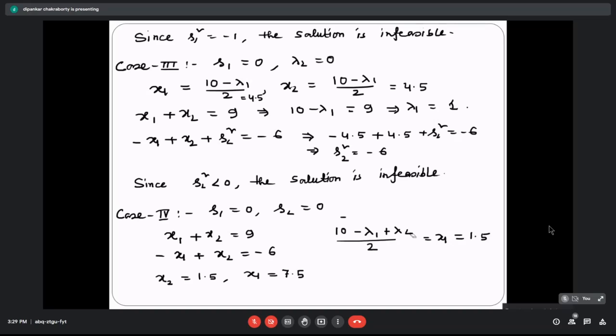And another relation is 10 minus lambda 1 minus lambda 2 divided by 2 is equal to x2, which is 1.5. So now we are going to solve this to get the value of lambda 1 and lambda 2. So tell me, what is the value of lambda 1 and lambda 2?